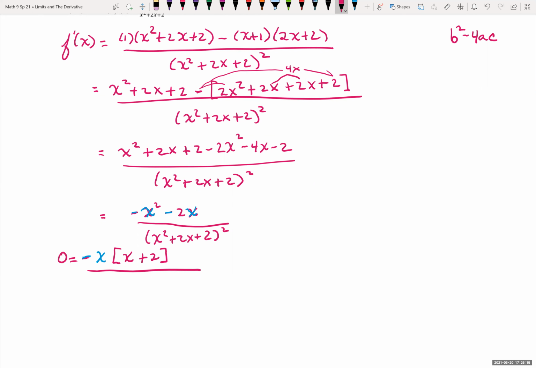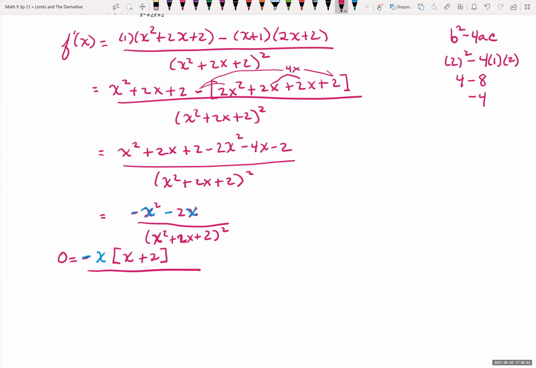And so if I look at my b value, which is 2 in this case, 2 squared minus 4 times a, which in the denominator is 1, the coefficient in front of x squared, and c is 2. So notice that this number, 4 minus 8, is a negative number. So that's going to give me a negative under my radical, which is an imaginary number.